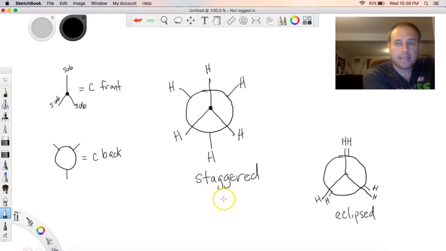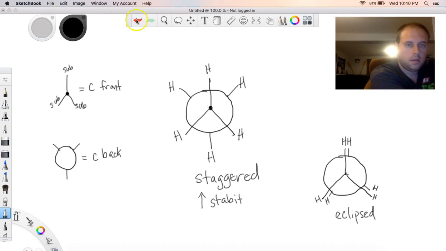So when we're working with these, okay, it's important to keep in mind that one of these is going to be high stability and low energy, and one of them is going to be low stability, high energy. So when I'm looking at this, the staggered should appear to be the one that is going to have greater stability. So this is going to have high stability. We'll talk about why in a second. High stability. And remember that these are inversely proportional, right?